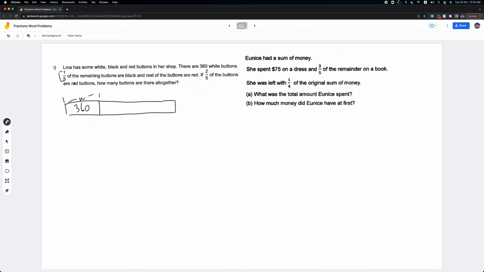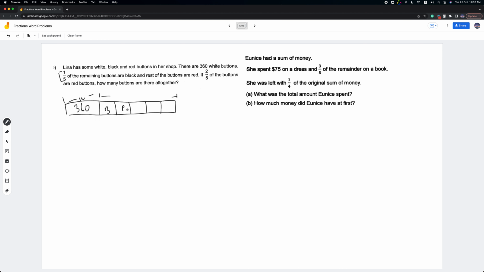Now we talk about the remainder. And 1/5 of the remainder are black. So we know we need to cut it into 5 parts, because the denominator again signifies the total, and this is the total of the remainder only. Okay, so this is black, and the total for red is 4 units.